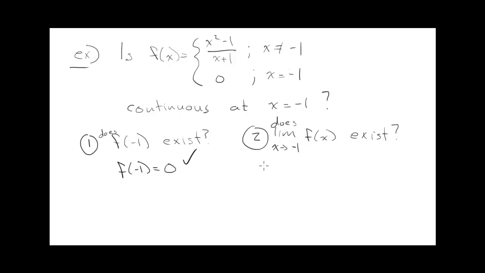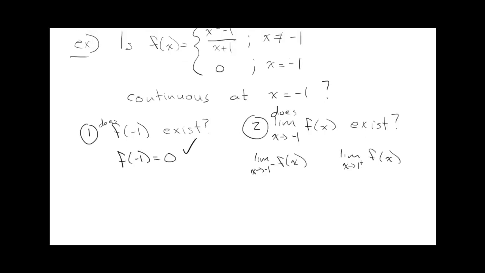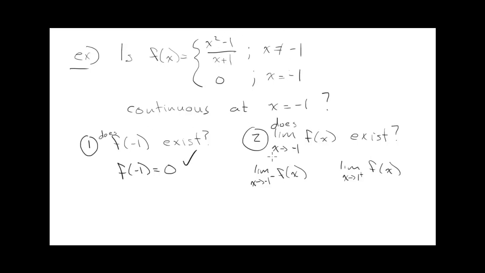Does this limit exist? So in order to determine if a limit exists, you do the limit from the left of f at x and the limit from the right of f at x. And in this case, from the left, so numbers smaller than -1, I'm using this piece. And let's just notice I can simplify that. I can factor the top. So it's equal to x minus 1, as long as x doesn't equal 1, but that's the restriction.